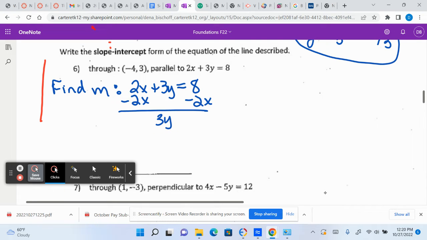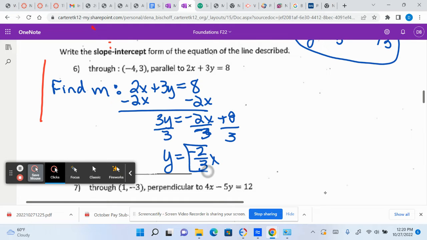So 3y equals negative 2x plus 8. Keep going, Eric. Divide by 3. So here's the deal. I don't care about anything else except the slope. Once I figure out what the slope is, I don't even solve the rest of it because I just need the slope. Does that make sense?